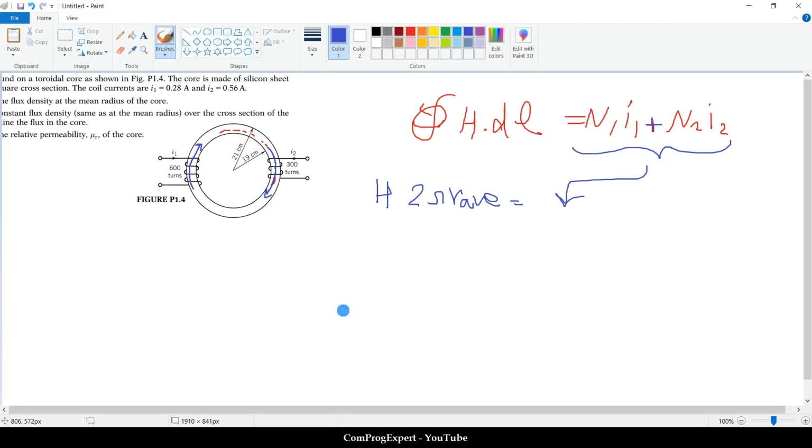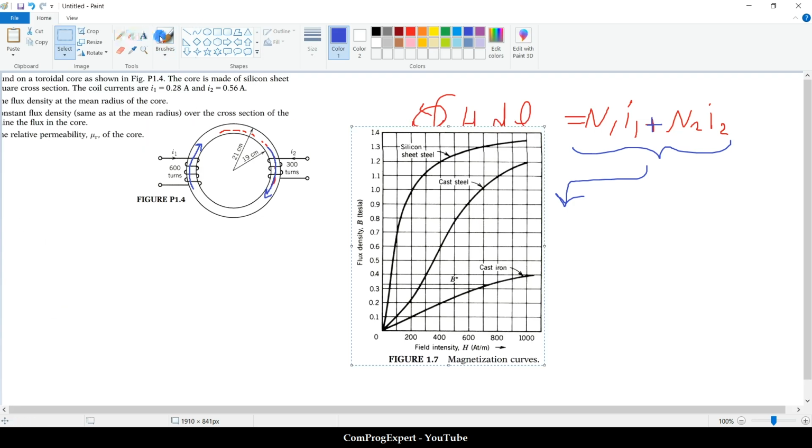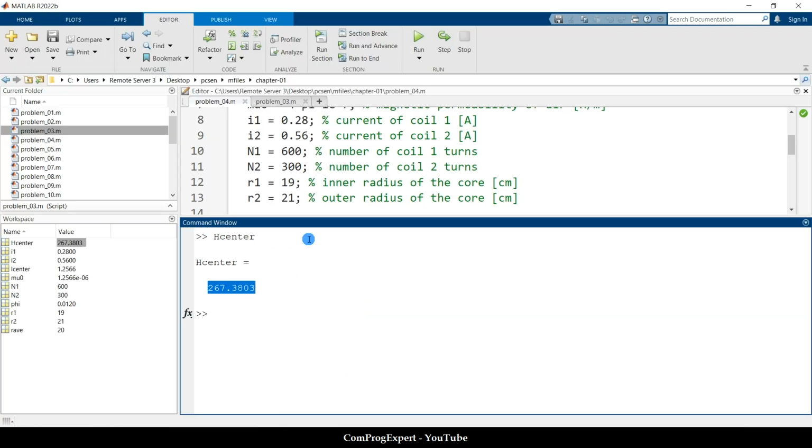So let me copy this and draw a line. This is 300, and 267 is here. So this is around 1.1 Tesla, the value of the B after interpolation.